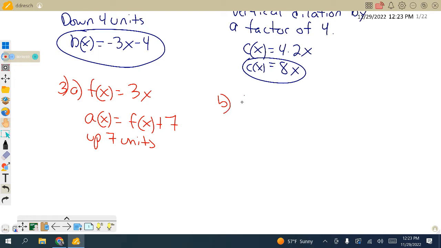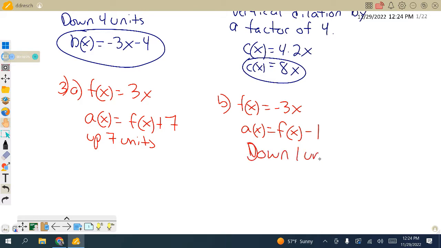I start off with negative 3x. Then I want to take that thing and transform it by writing this. So what's going to happen with that graph? It's going to go down because that 1 at the end is a minus 1. So that's going to go down 1 unit. So where these numbers are located, that influences how that graph transforms.